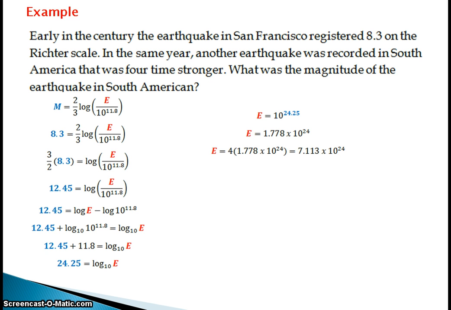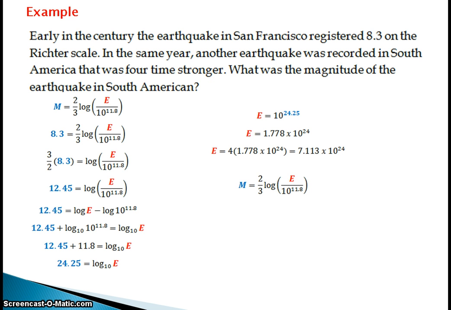And I'm going to take the energy released by the San Francisco earthquake and multiply that by 4. Why? Because the South American earthquake was 4 times stronger. So I multiply by 4, and I get 7.113 times 10 to the 24th power.